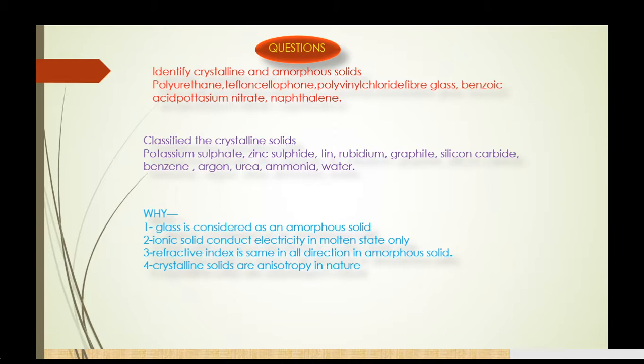In solid state, ions are not free, and that's why electric conductance is impossible in solid state. In molten state, ionic solid ionizes and forms ions. These ions are free to move, which causes the electricity. That's why ionic solids conduct electricity in molten state only.